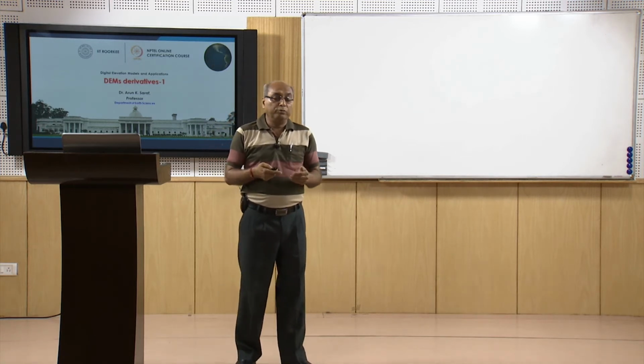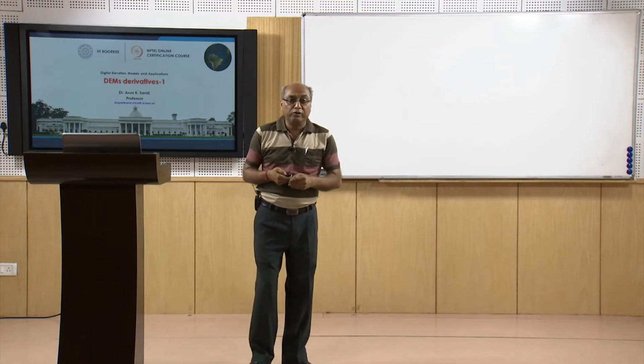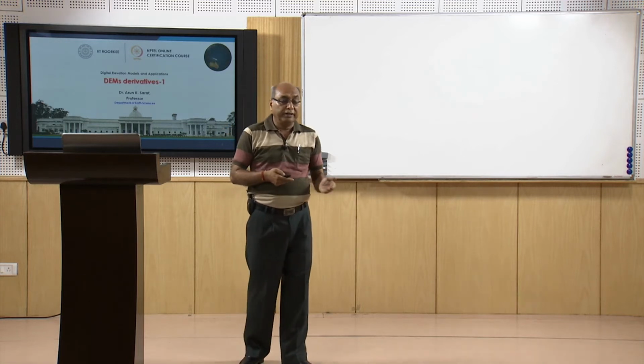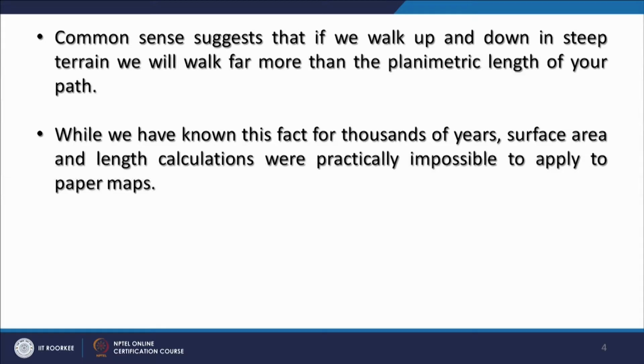The length also increases in the case of sloping terrain, whereas if we walk on flat terrain, the length is not that much compared to the sloping length. We have known this fact for thousands of years, but surface area and length calculations were practically impossible to apply to topographic maps or paper maps.